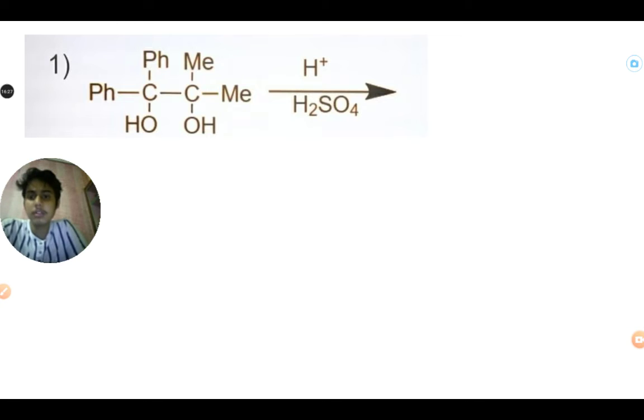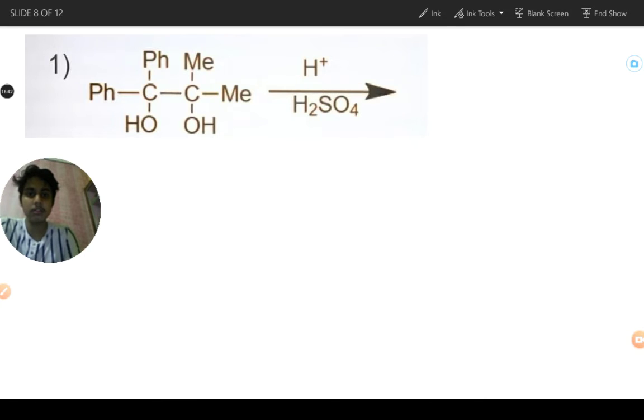Here we can see the same symmetric compound we can do here. As I said, how we will be doing it very quickly. See this H plus, where will this H plus attack? I said the H plus or the protonation will occur at the side where water removal will be easy.